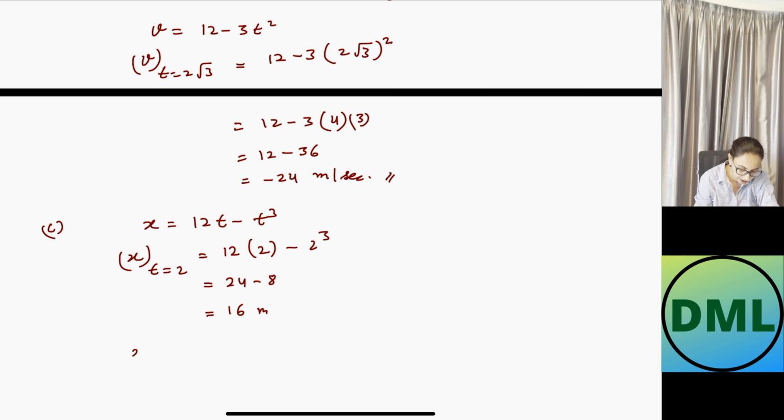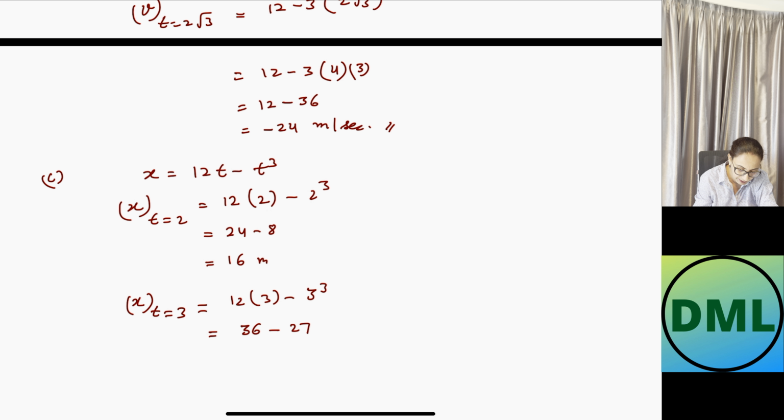I need to calculate the distance x when t is equal to 3 also, because I have to find the answer for 3 seconds. 12 times 3 minus 3 cube, which is 12 times 3 is 36, minus 3 cube is 27. 36 minus 27 is 9 meters.